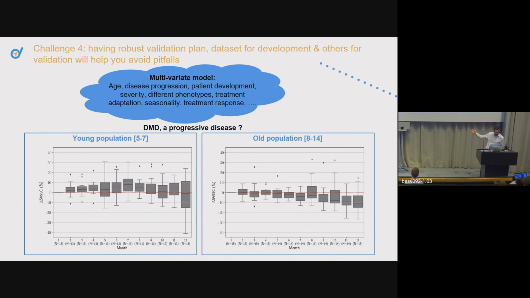I'm just retracing a bit of two populations here on Duchenne muscular dystrophy, which is a neuromuscular disease, where you expect the disease is progressive, so you would expect performance to decrease, but in the end, we know that the young patient population, so the 5 to 7 here, are developing abilities to walk on top of the disease.